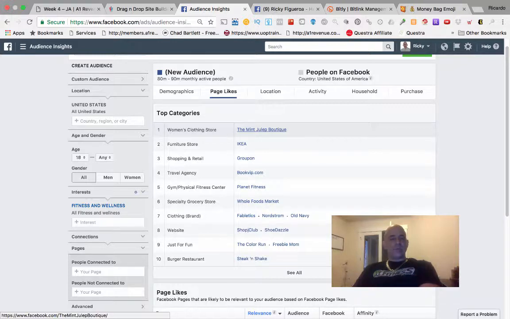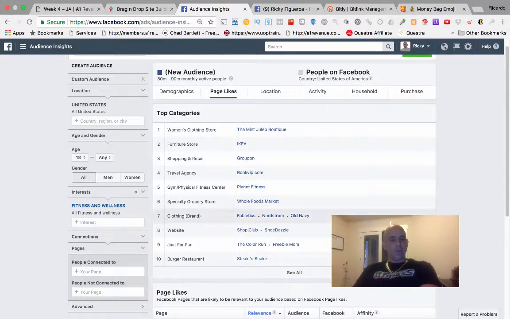The way that I used to use this was to look at Planet Fitness, everything that is related to my niche, and maybe look for different pages and so on. Add more interests here, and if 70 or 75% or more of these pages are related to my category or niche, that was good targeting. You could play with that. That's why it takes a lot of time, and most people just fail to do this.